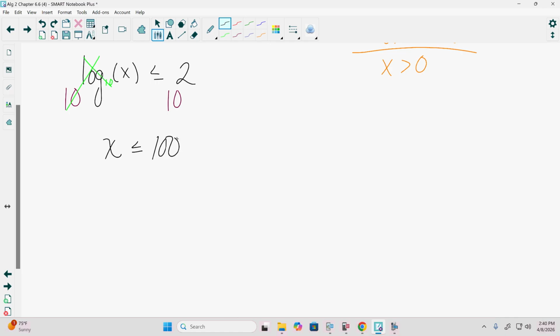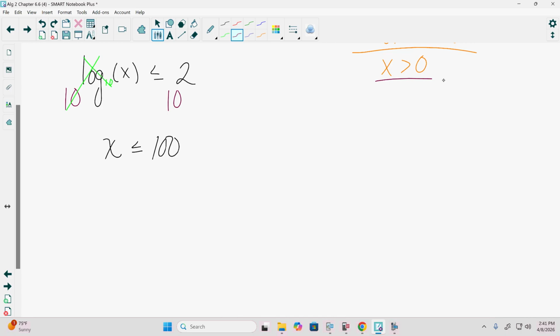So our solution at this point says that x is less than or equal to 100, yes? Now before we can be done and say this is the answer, we need to check our restrictions. Our restriction said that x has to be greater than 0, yes? Would 0 be a restriction for this here? Is 0 greater than 0? No, because that's one of the restriction values, yes?